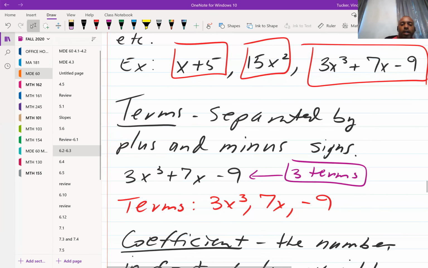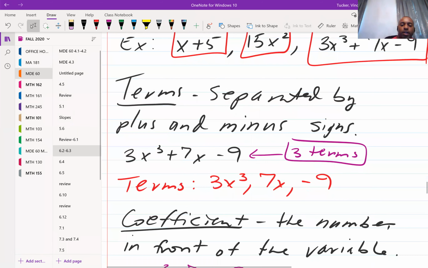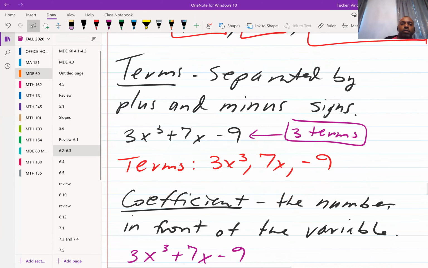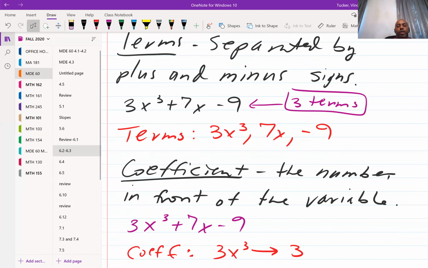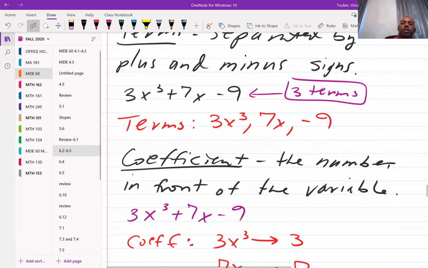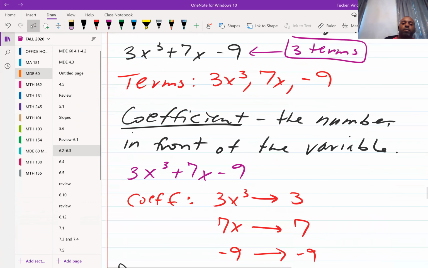All right, looking at more terminology. Your coefficient is the number in front of the variable. So when I look at 3x cubed plus 7x minus 9, and if I'm scrolling up too far, let me know. For 3x cubed, the coefficient is 3. Talking about the number that's in front of your variable.